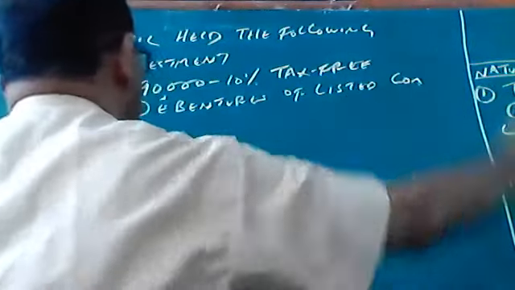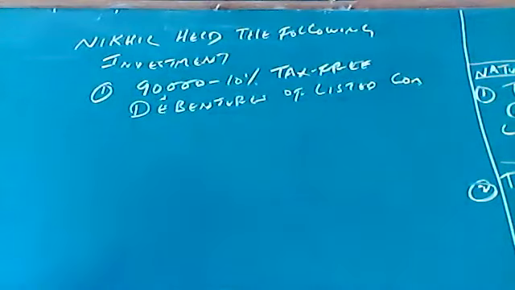So he had the following investment. The first is 90,000 the base value, 10% the rate of interest, and tax-free debentures of a listed company. That means it is private debentures, commercial security debentures.